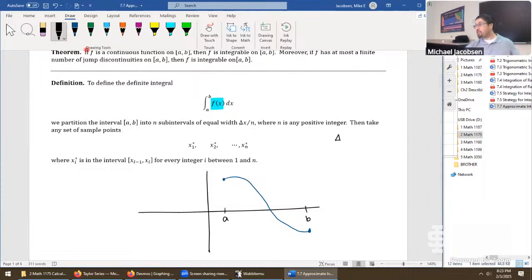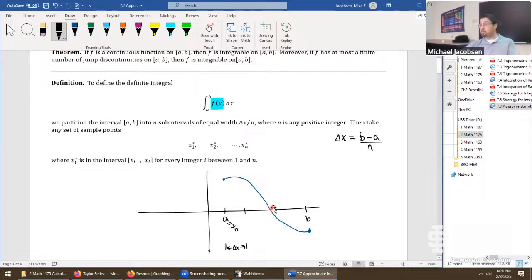So really our first operation in doing this is to calculate delta x. We take the upper limit of integration, b, minus the lower limit of integration, a, divide by n, and that's just going to be the equal widths of all the rectangles we're going to build out. So next step, we say a is x naught, and the distance from here to here is meant to be a distance delta x.